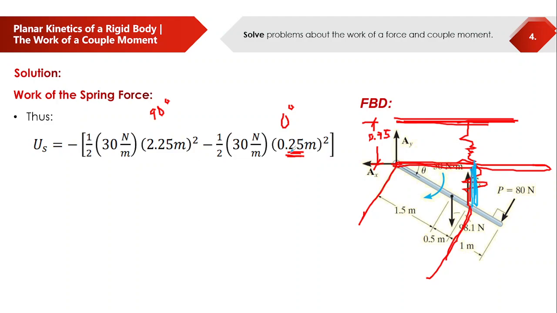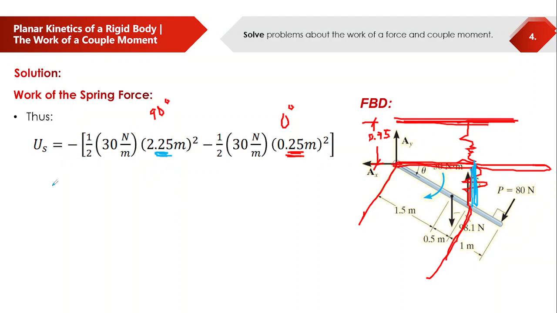But, initially, meron siyang stretched length na 0.25. Therefore, that will be 2 meters plus 0.25, that will be 2.25 meters. So, ito yung length ng spring mo after it was stretched 90 degrees from the initial position.